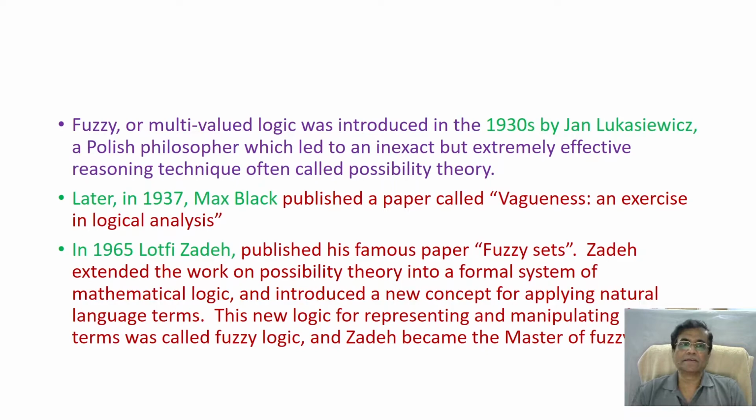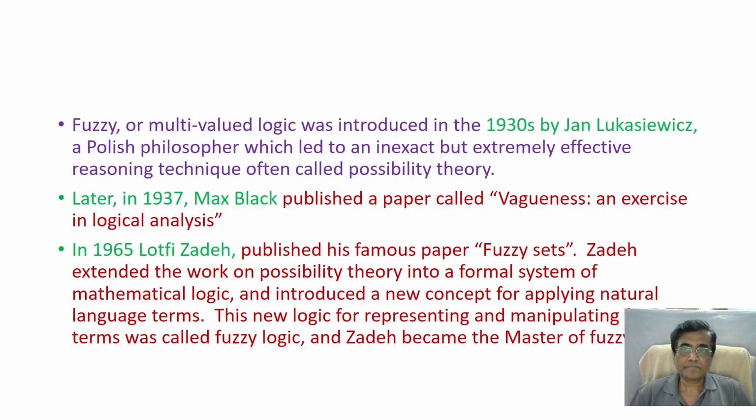That's why, way back in 1930, Jan Lukasiewicz, a Polish philosopher, thought of multi-valued logic, which is afterwards known as fuzzy logic. So fuzzy logic is essentially a multi-valued logic.